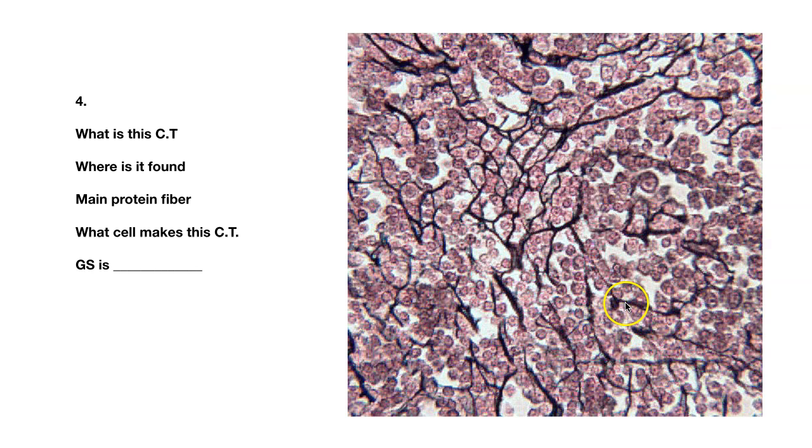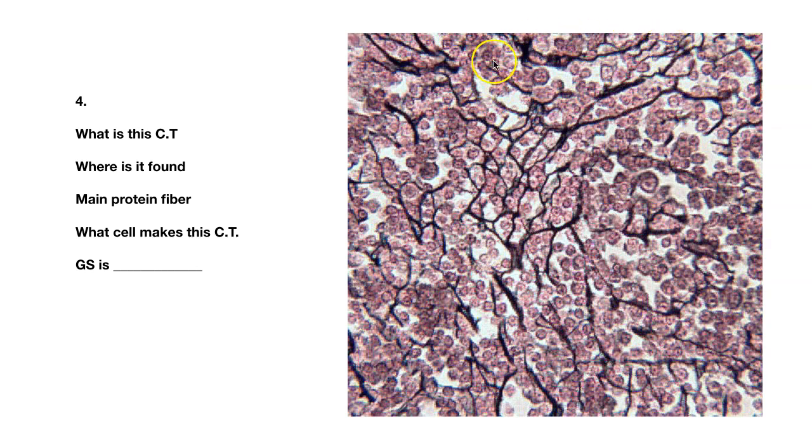What is this connective tissue? You should just be able to look at this and you see these branching protein fibers, tree-like branching protein fibers. This is reticular connective tissue. Where is it found? Reticular connective tissue is found in the soft organs like the spleen or the liver. This is kind of holding those soft organs together.